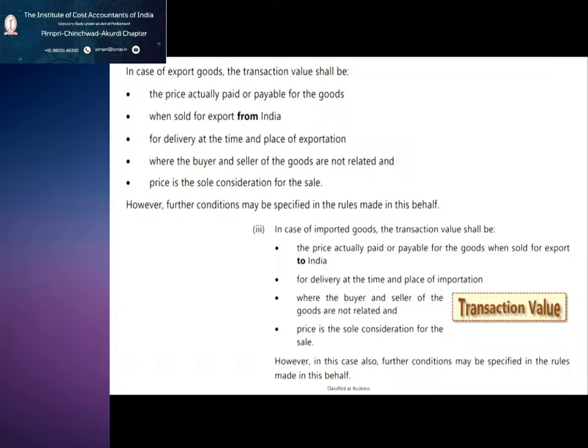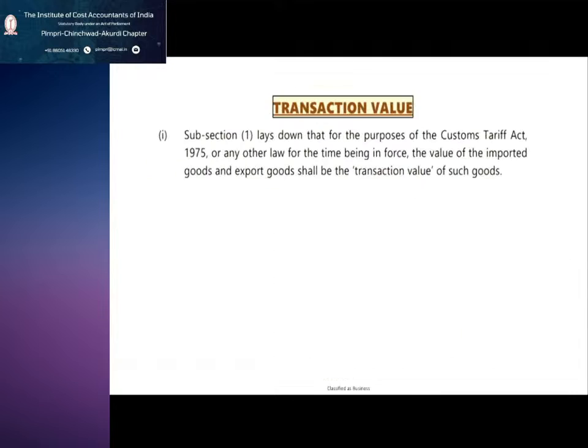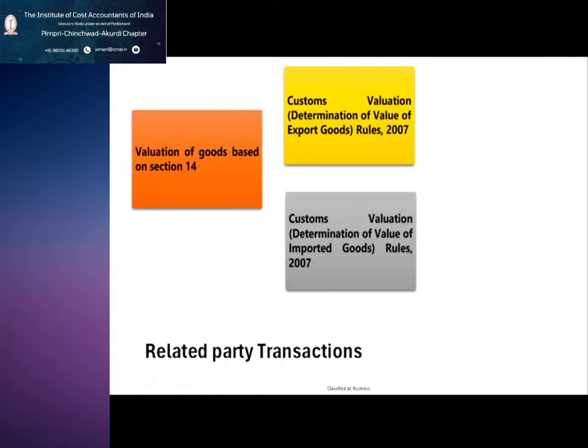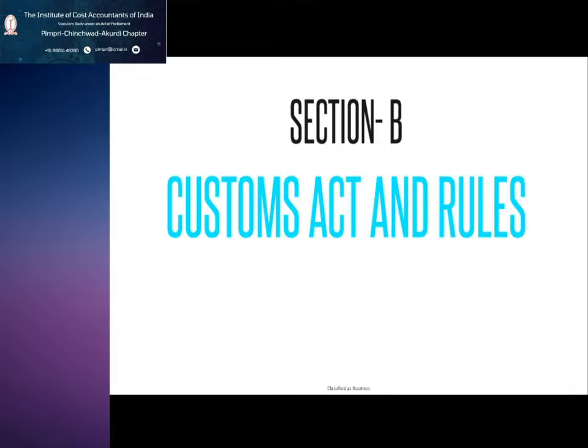Madam, slide is not moving. Slide is not moving. Static slide. No, it is not moving. I will send the picture. Whether you are able to see, sir? I am in the first slide, section B, Customs Act and Rules. I have sent you picture, ma'am. Okay.